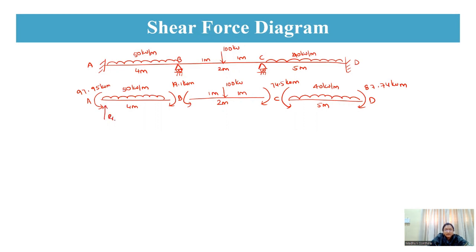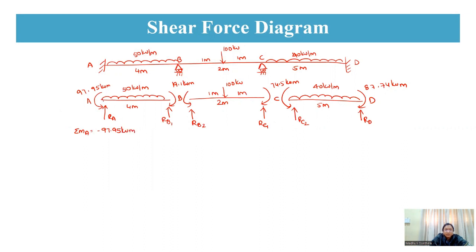So for this, you are going to first find the reactions. This is your RA, and this is your RB1, and this is your RB2, and this is your RC1, and this is your RC2, and this is your RD. Coming over to this span, I'm taking moment about A, which will be equal to minus 97.95 kilonewton meter.